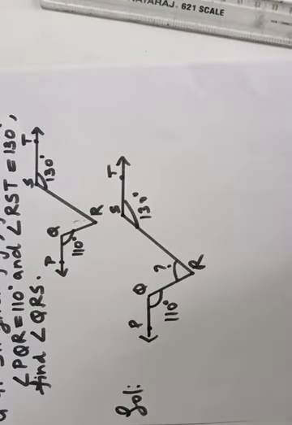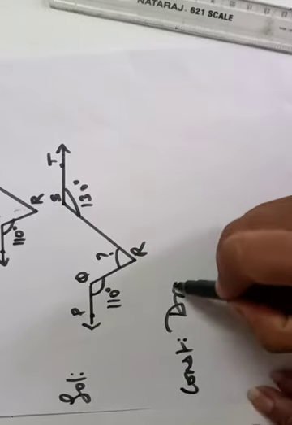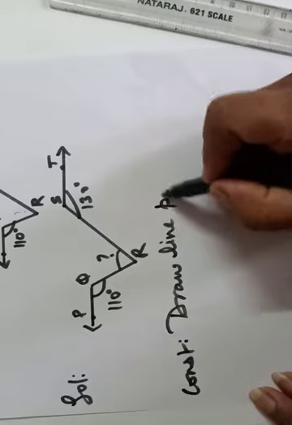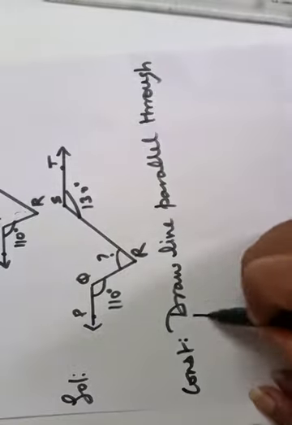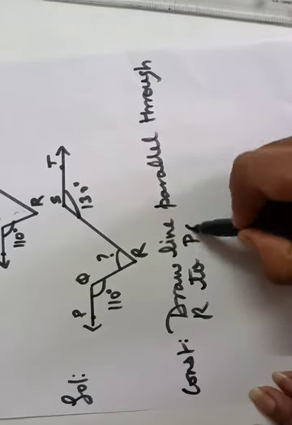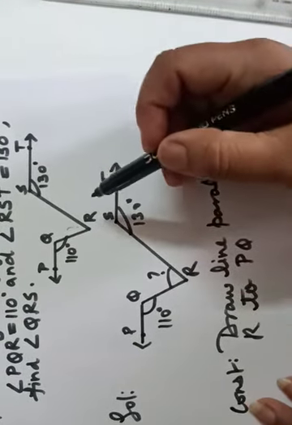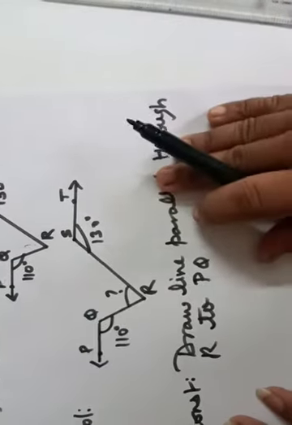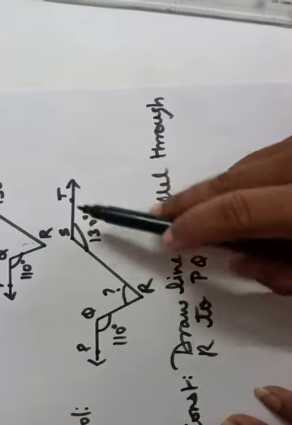So what construction will we do? We have to draw a parallel line. Construction: draw a line parallel to PQ through R. Since it is already given that PQ is parallel to ST, when we draw a parallel line through R, if it is parallel to PQ, it will definitely be parallel to ST also.